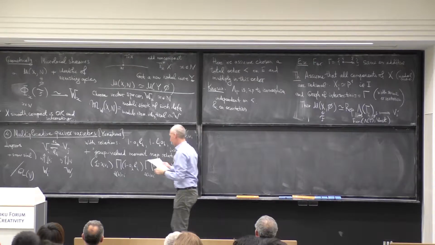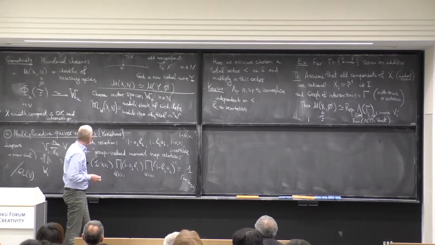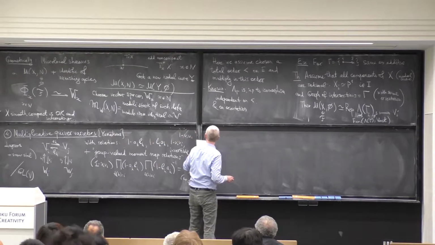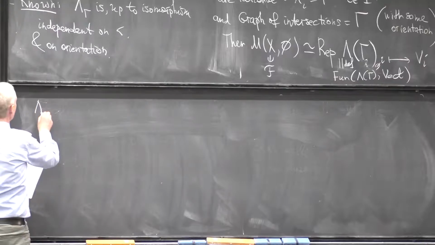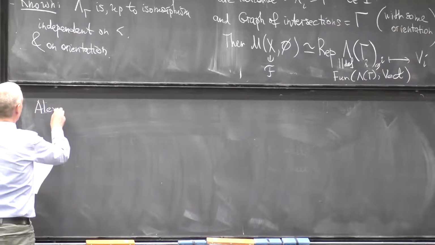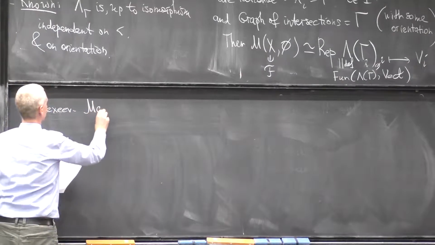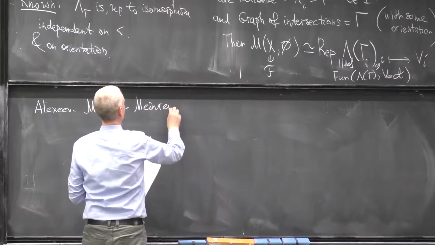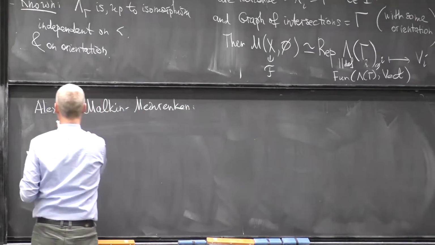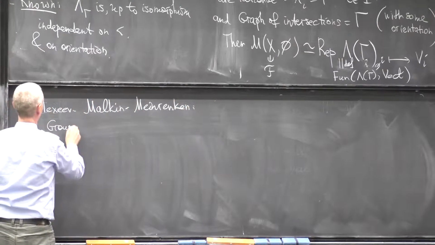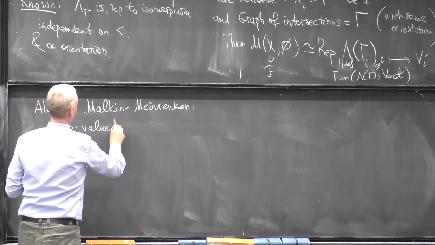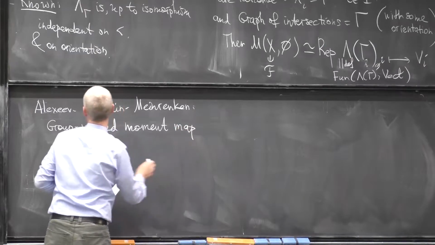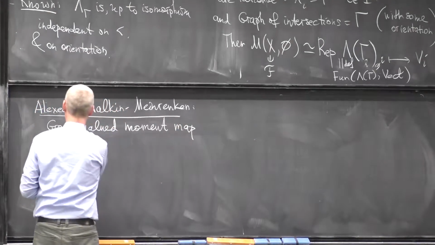In fact, they are instances of the situation known as the group valued moment map, introduced by Alekseev, Malkin, and Meinrenken.